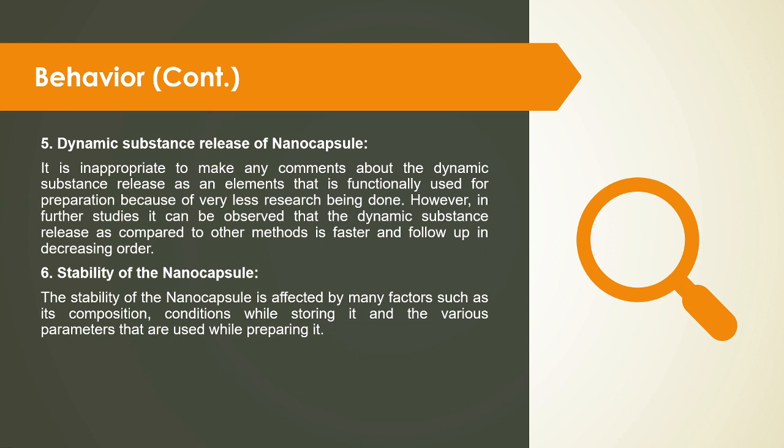It is inappropriate to make any comments about the dynamic substances release as an element that is functionally used for precipitation because very little research has been done. However, in further studies, it can be observed that the dynamic substances release, as compared to other methods, is faster and follows in decreasing order.